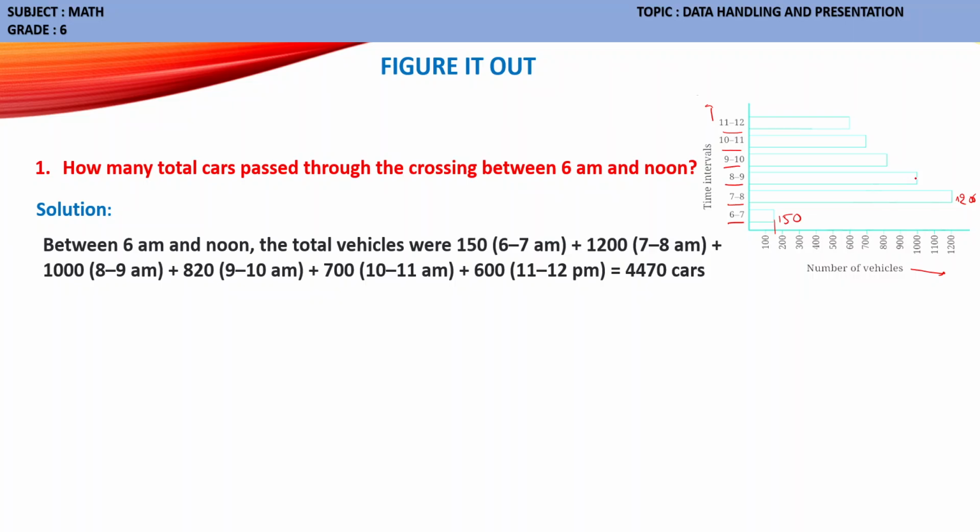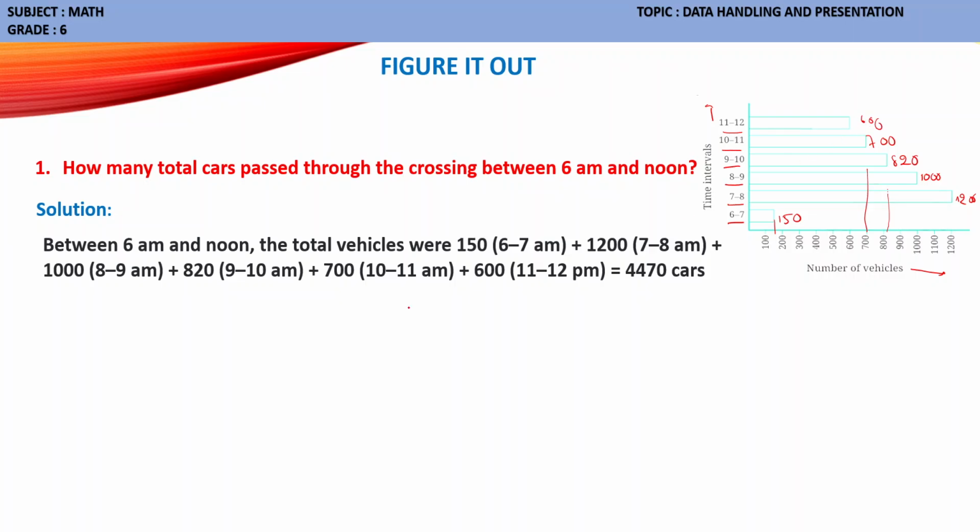Next, 8 a.m. to 9 a.m. is 1000. 9 to 10 is around 820. Then 10 to 11 is 700. And 11 to 12 is 600.